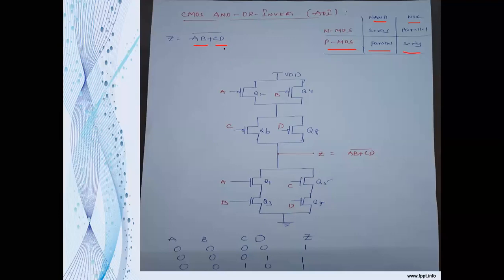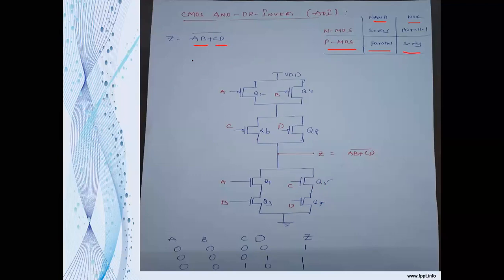So in this also, the pull-up network, that is the PMOS, C and D are again in parallel. What about the pull-down network? The pull-down network is in series for AB, and for CD also the NMOS transistors are in series. So the AB and CD we are implementing in the way of a NAND gate.